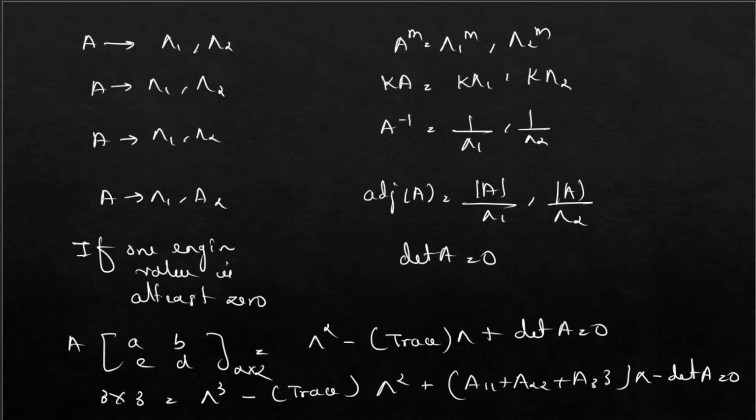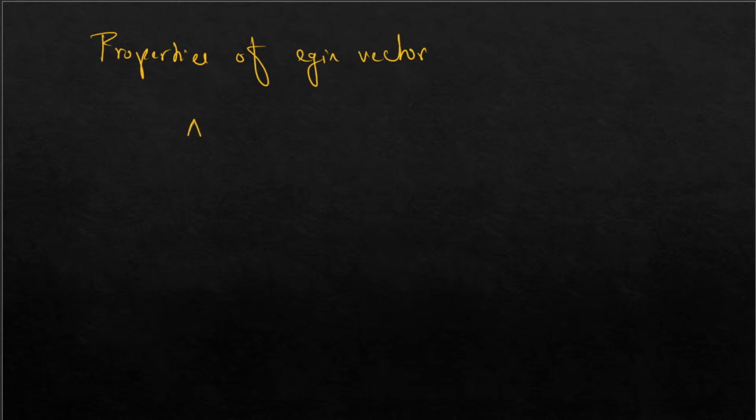Okay everyone, so we will now discuss properties of eigenvectors. If it is A to the power m, the eigenvector will still be the same. If it is A inverse, then the eigenvector will be the same.